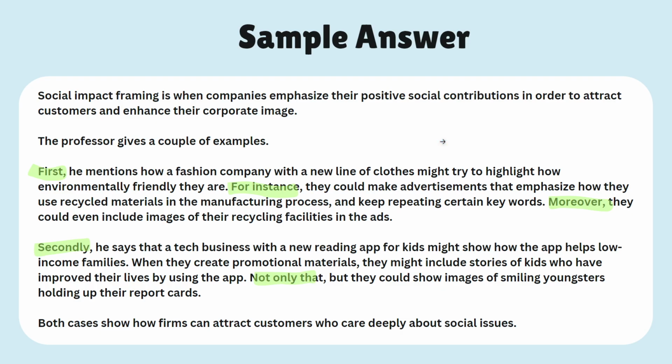A few more specific things that I do to kind of make my answer strong. Well, I like to use transitional phrases, and you guys know these, right? Things like first, for instance, moreover, secondly, not only that. These little transitional phrases, sometimes referred to as transitional adverbs, I believe. You want to kind of scatter those throughout your answer.